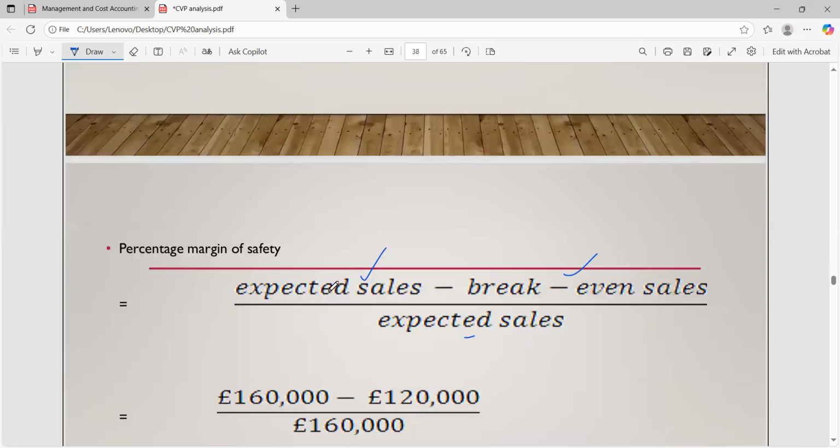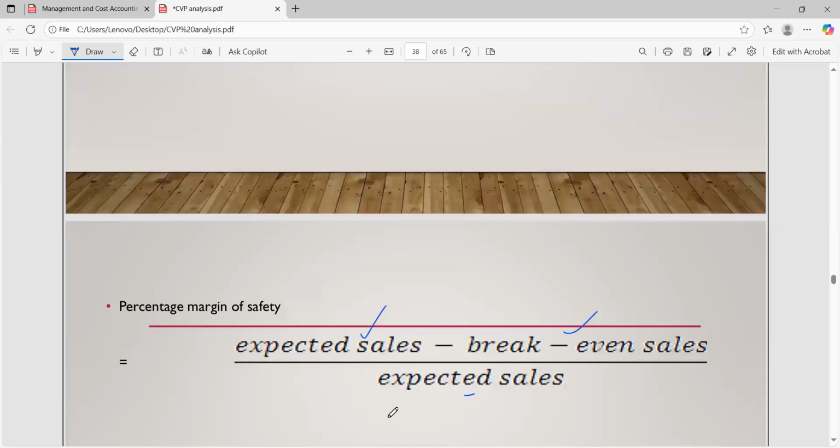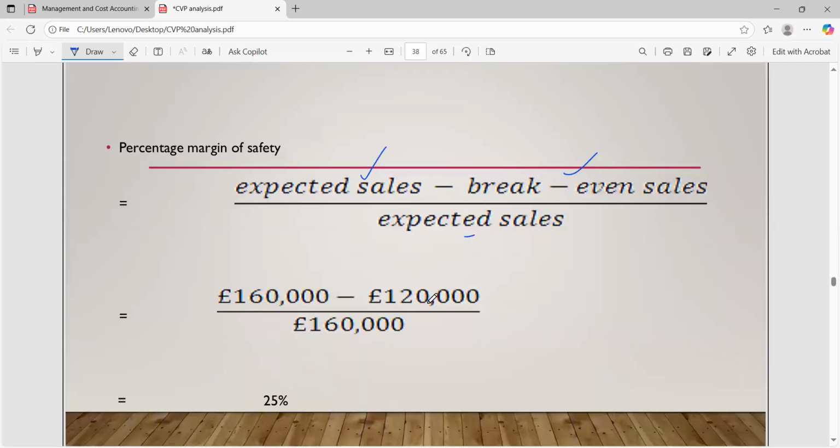So take the break-even point in units and the expected sales in units, then you find the difference and write it over the expected sales, multiplied by 100. But when it comes to percentage, this is in terms of units, so the final answer will be units. But when it says percentage, the final answer must be multiplied by 100%. So if we were asked margin of safety, not percentage, it would have been just the numerator: expected sales minus break-even sales.